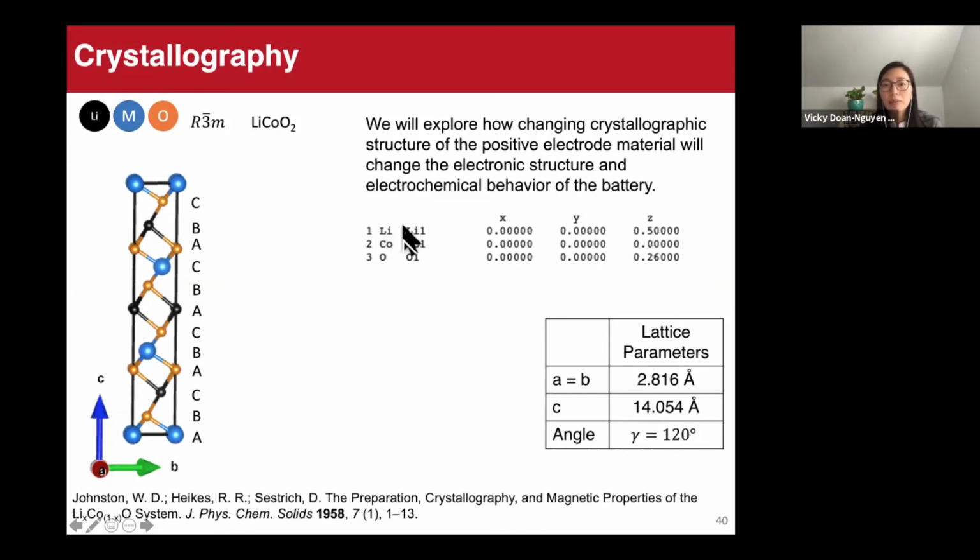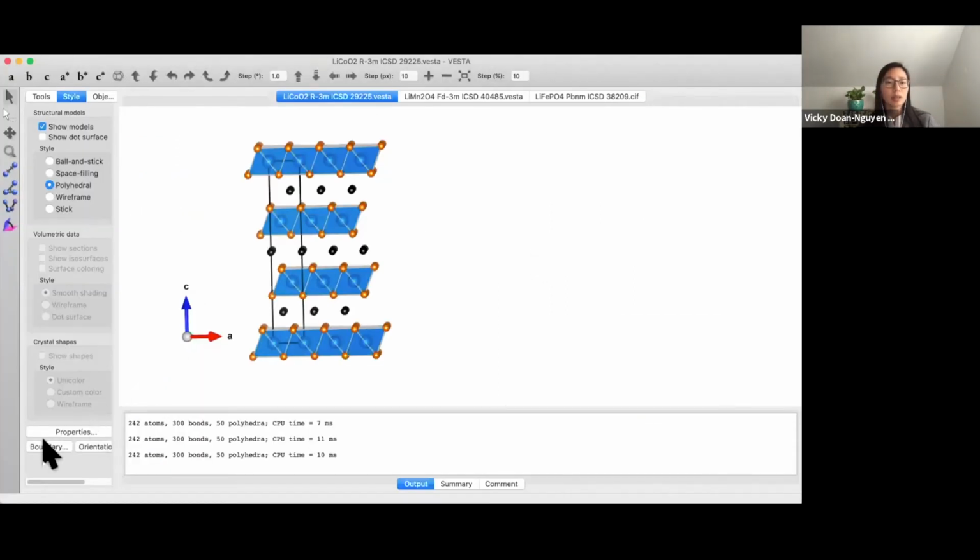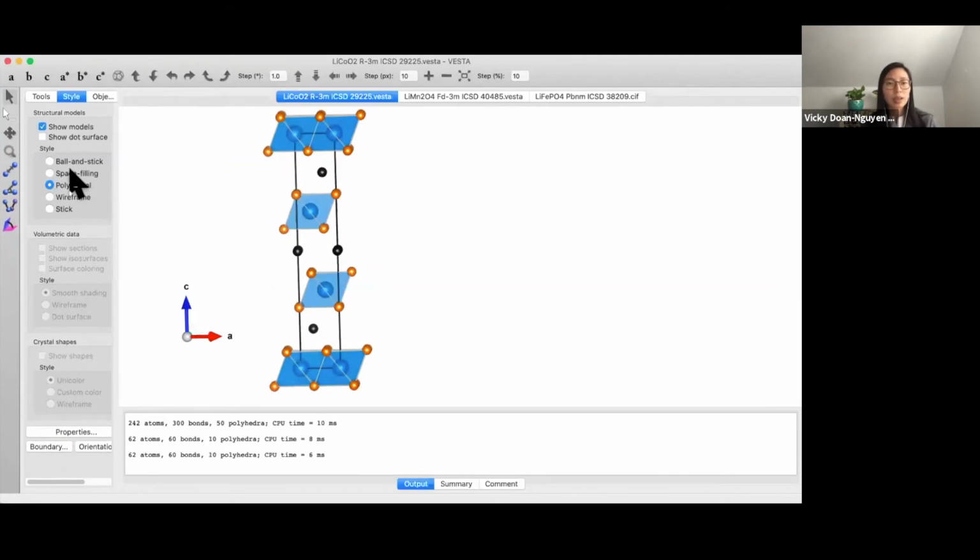The lithium sites are at 0, 0, half, cobalt is at 0, 0, 0, and oxygen is placed at 0, 0, 0.26. So let's take a look at where those atoms are. So I'm going to change over to VESTA. Let me change back to the boundaries so that we're just looking at 1 unit cell.